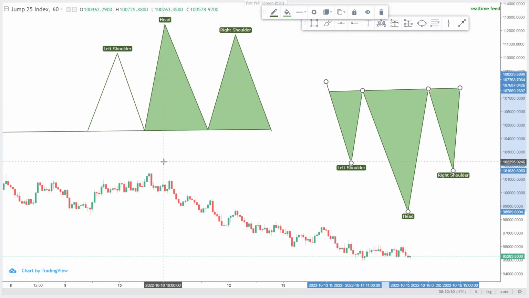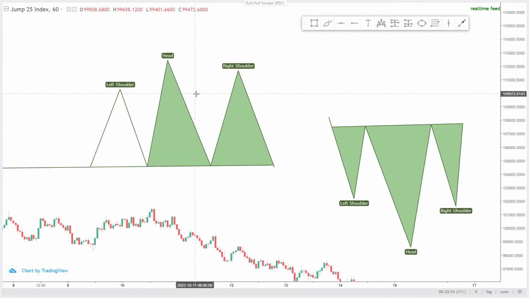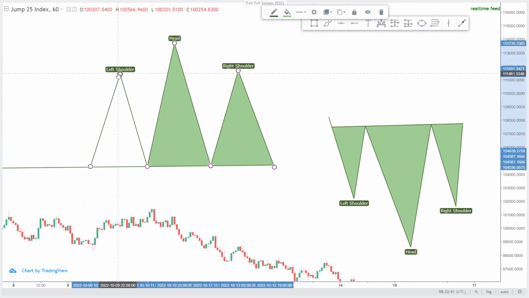But then it's not always going to be this perfect, as you might have it come in different forms, such that sometimes we have both the right and the left shoulders being equal, or like a perfect head and shoulder pattern.